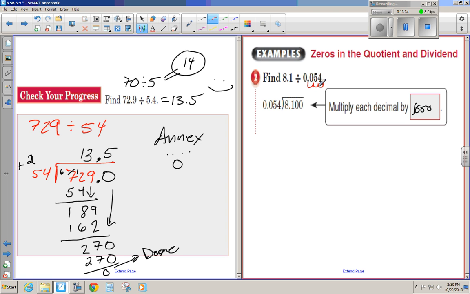It moves 3 places. So this should move 3 places. So my new dividend problem should be 8100 divided by 54. So I can set up the division, 8100 divided by 54.